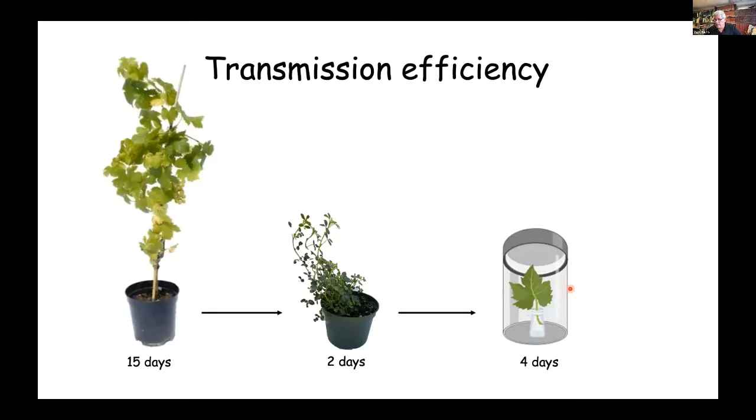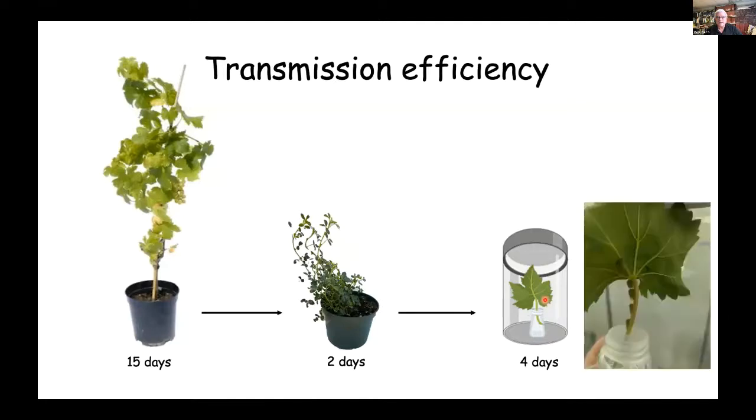And why did we use excised grape leaves instead of entire vines as recipients here? It is because we wanted to restrict the feeding of the insects to a tissue of a size manageable to detect the virus. In other words, we wanted to increase our chances to detect the presence of the virus. That's why we use excised leaves instead of entire potted vines.